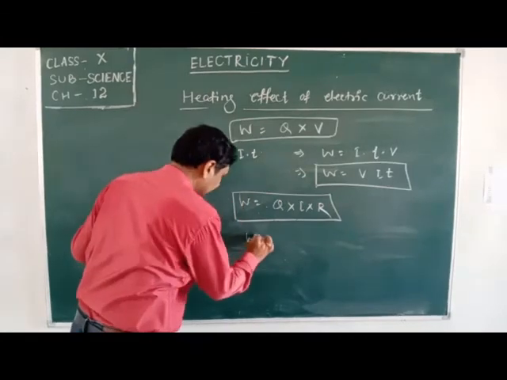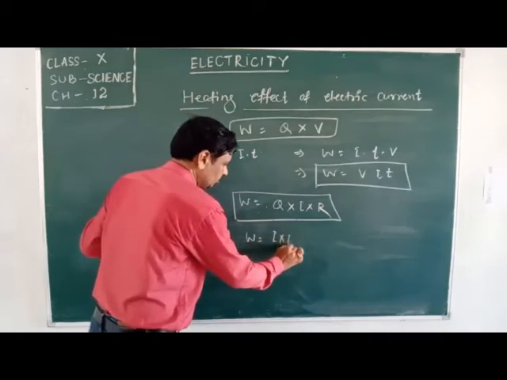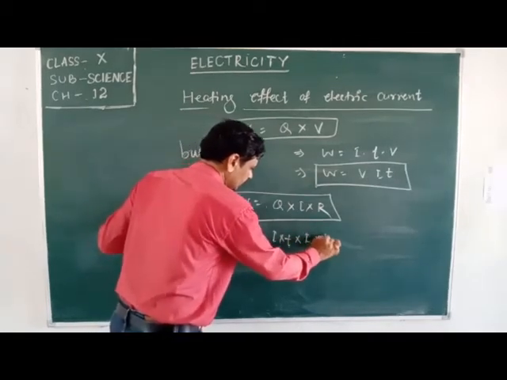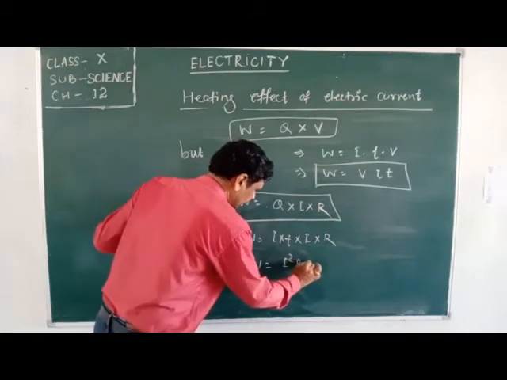Or we can write in place of Q, that is I T, I into T into I into R. That is, W is equal to I square R T.